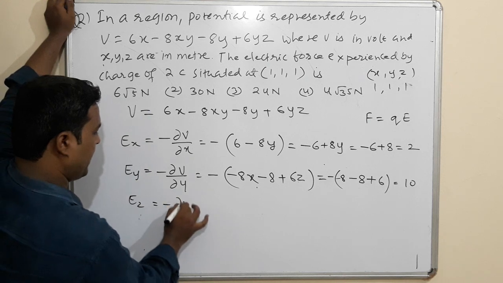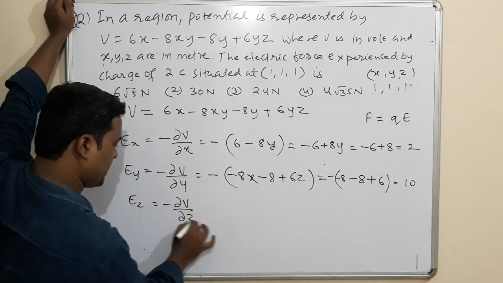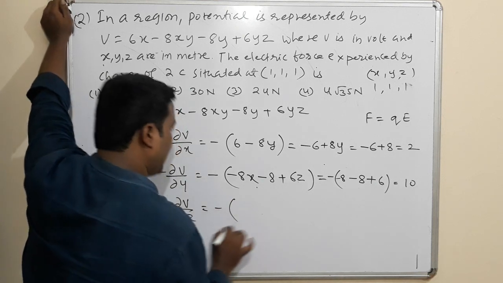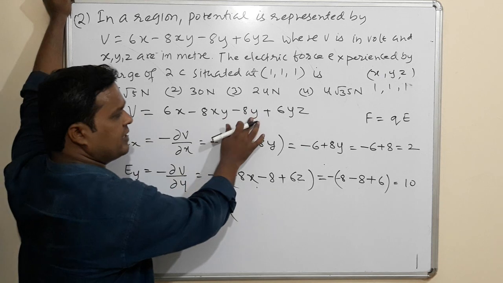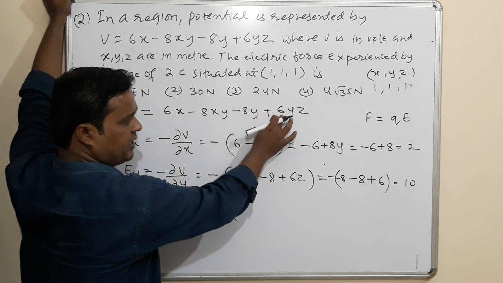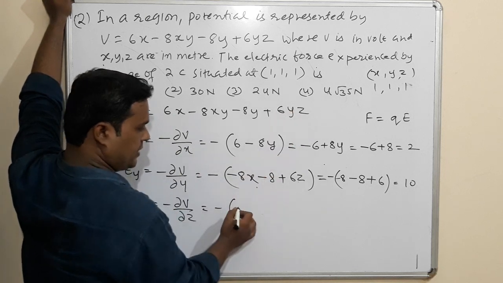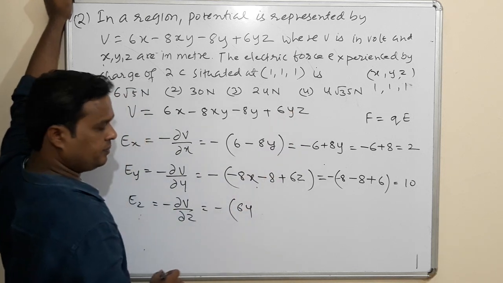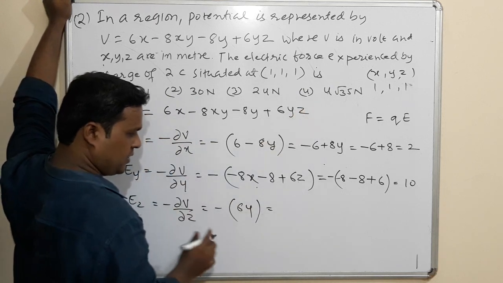Then you see Ez. This will be minus differentiation with respect to z. This term is constant, this term is constant, this term is constant. I am differentiating only with respect to z. Then y is constant, so it will be 6y. Differentiation of z with respect to z is 1.